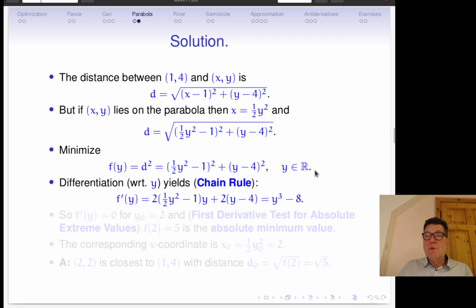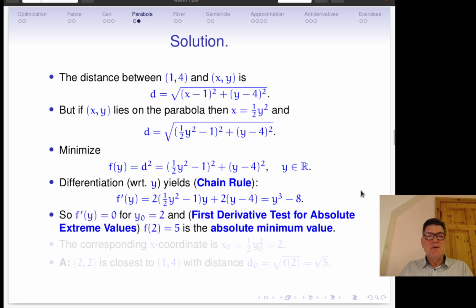As usual, we differentiate. So here we use the chain rule again to find the derivative of this function f of the variable y. Differentiate these two summands, and this simplifies to y cubed minus 8.